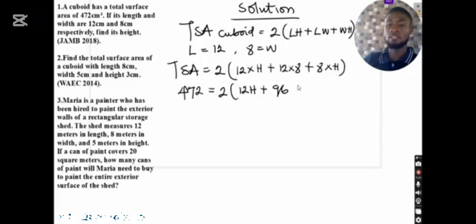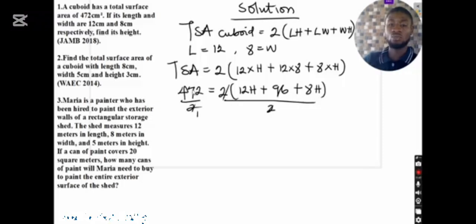plus 8H. So what I'll do from here is to divide both sides by 2. When I divide both sides by 2, 2 in 47 is 23, remainder 1, 2 in 12 is 6. So I'm left with 236 equal to 12H plus 96 plus 8H.